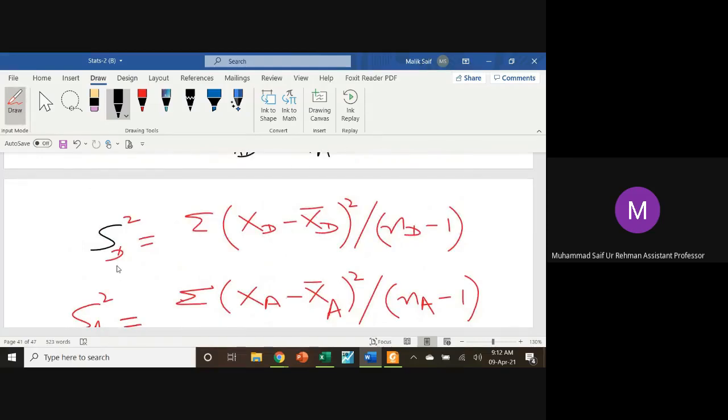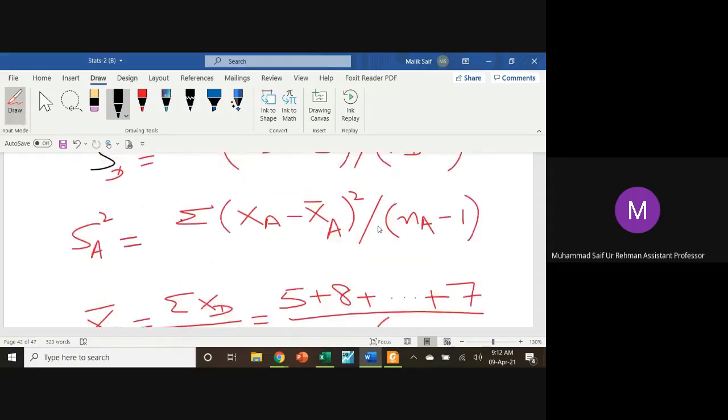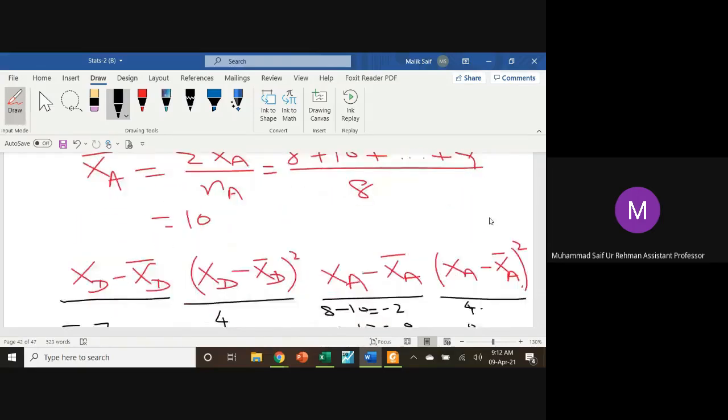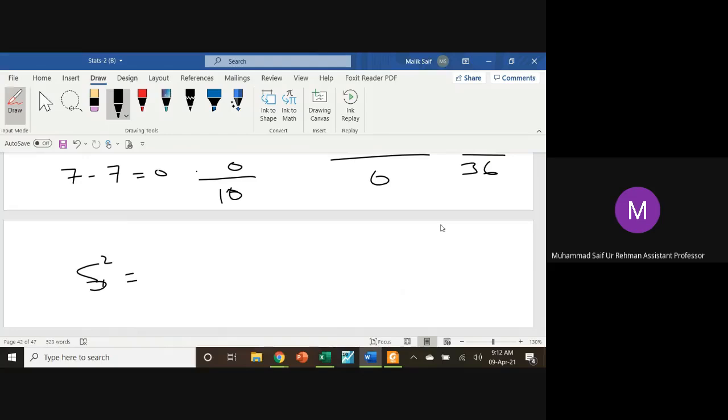And to find out SD square and SA square, you may substitute those values in the formula. So let us substitute. SD square is equal to 10 divided by ND minus 1. So 6 minus 1, 5. The answer is 2.